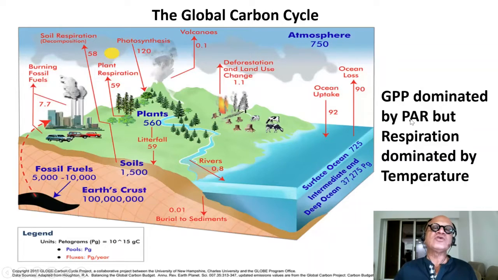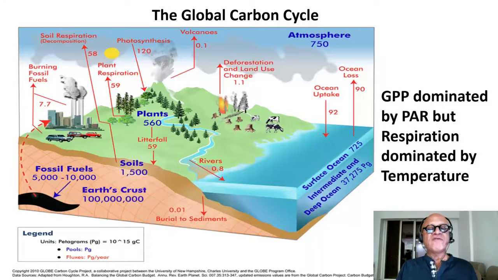In the context of terrestrial ecosystems, the idea of looking at this again is to say that gross primary productivity is dominated by photosynthetically available radiation. Light is a severe limitation, but respiration, which is the emission of carbon, is dominated by temperature.